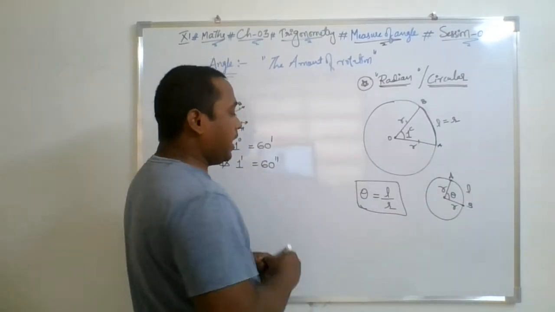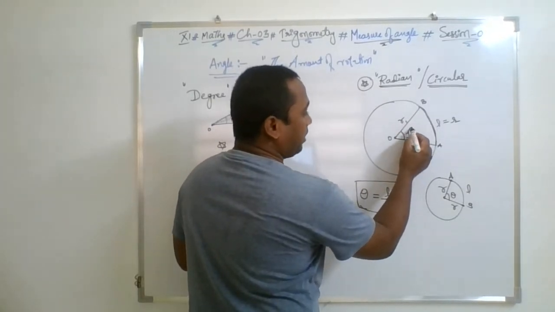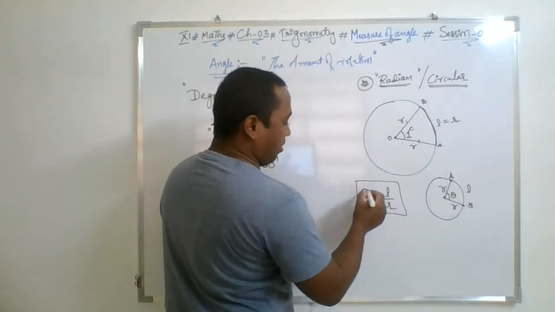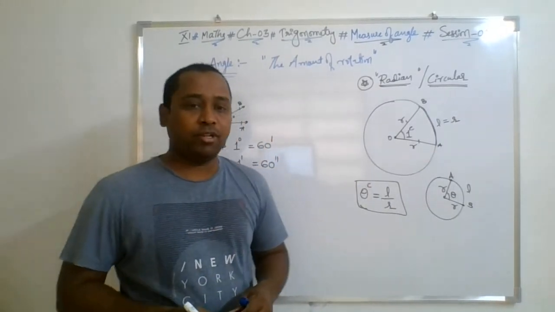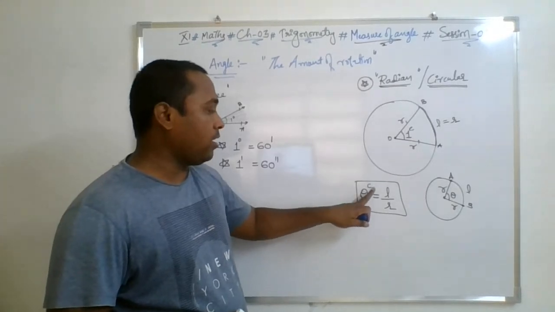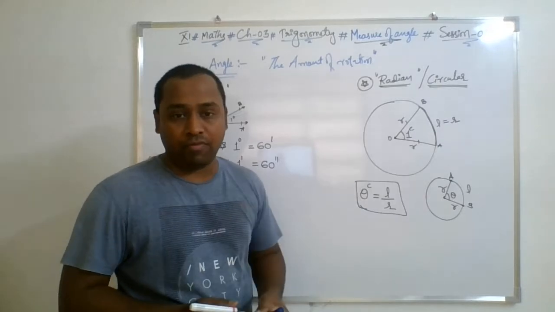This radian measure is symbolically represented by writing c in the power of the angle, theta radians.